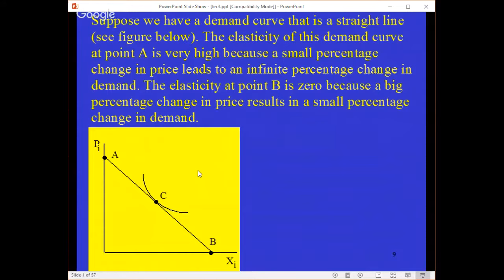That is that at the intercept, the elasticity is basically infinite. Down here, where it hits the horizontal axis, it's basically zero. Therefore it's really big, gets small, and at some point it gets what we call unitary elasticity. That is when elasticity is equal to 1, and then it goes on.